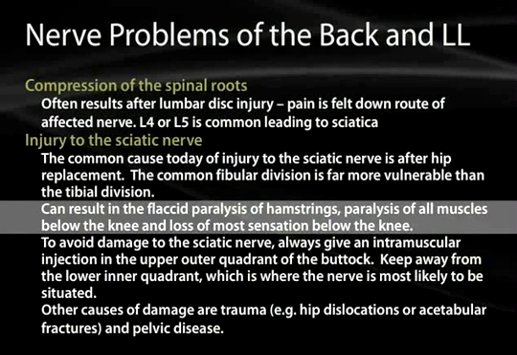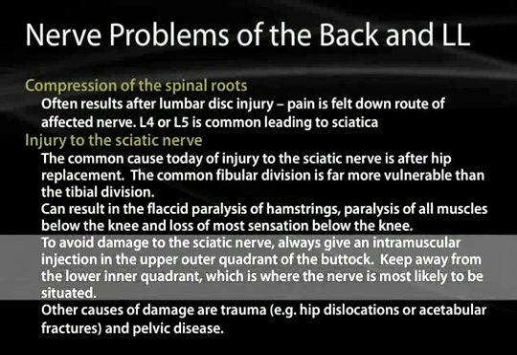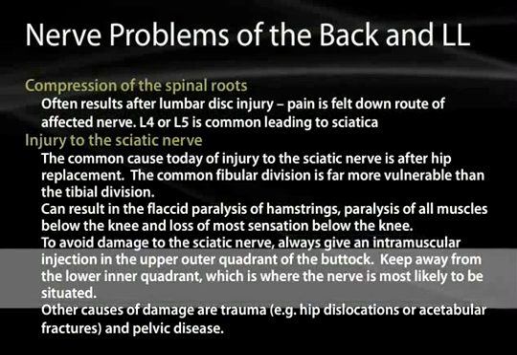This is going to lead to flaccid paralysis of the hamstrings and paralysis of all the muscles below the knee because of the tibial division going to the posterior leg. To avoid the damage to the sciatic nerve when you're doing an intramuscular injection, make sure you stay to the upper outer quadrant of the buttocks, and be suspicious if there's a scenario that reads in any of the questions to have an injury anywhere in the other 3 quadrants, the medial half and the inferior lateral half.